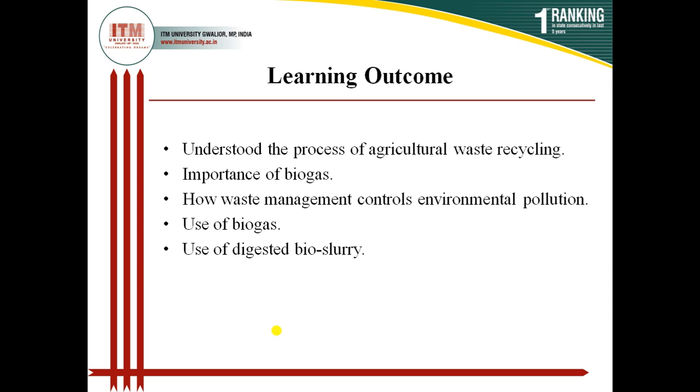But when we do it in our digester, we collect those gases, we utilize those gases in energy generation, and we reduce the environmental pollution side by side. So the use of biogas we have understood here, and how this digested bioslurry is beneficial in our agriculture, that also we have understood in this lecture.